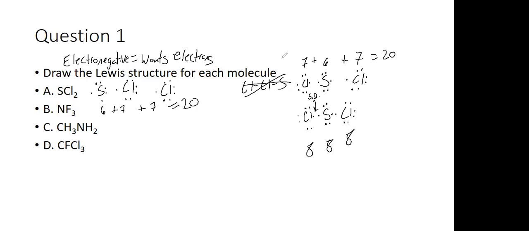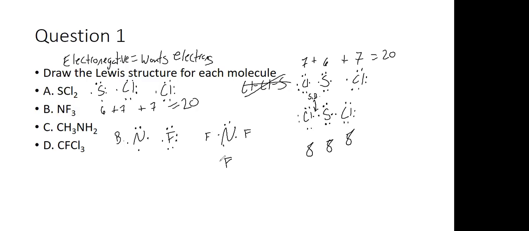So let's do NF3 in case people are still a little confused. Nitrogen has 5. Fluorine has 7. Fluorine is a halogen, so it's electronegative, which means it wants to go on the outside.